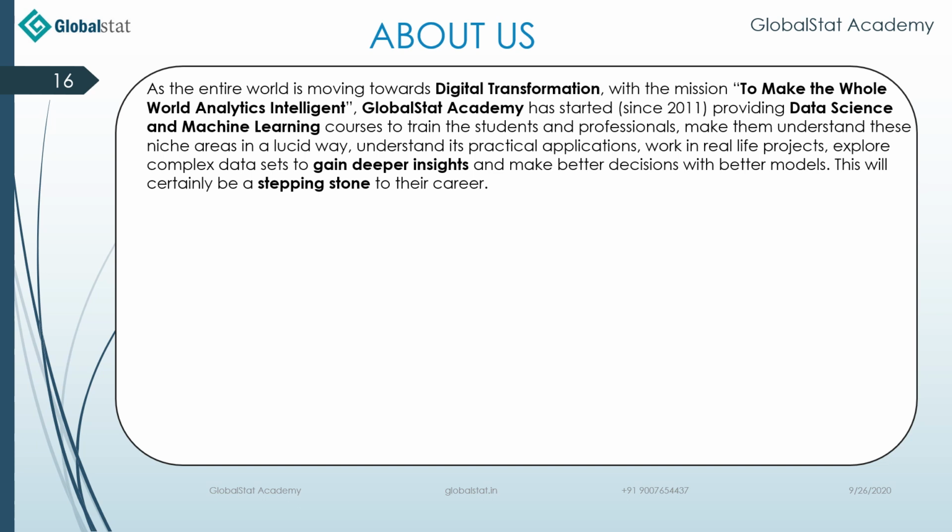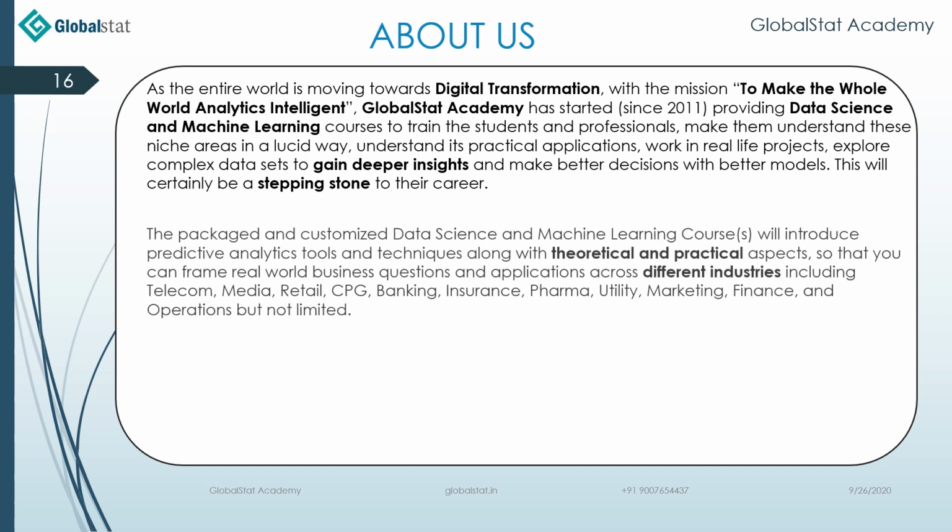Understanding its practical applications, working in real-life projects, and exploring complex data sets to gain deeper insights and make better decisions with better models will certainly be a stepping stone to their career.